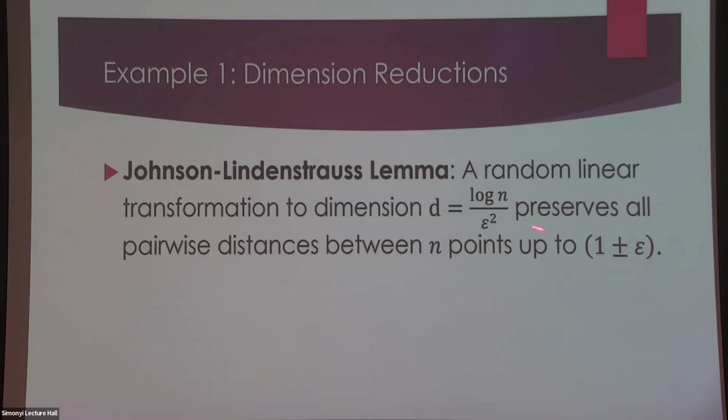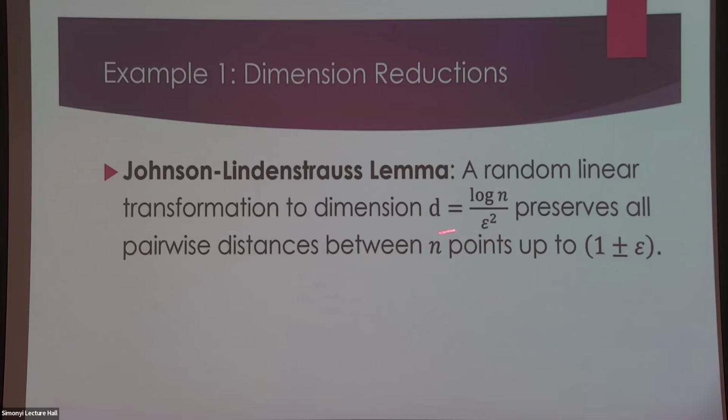But yes, how do I do this, and what is the dimension that I can reduce the set of points to? For this, all I will need is a random linear transformation. This would be good enough for JL to be proven. And the dimension I would need would be something like log of the number of points over how much error I'm willing to have, squared.